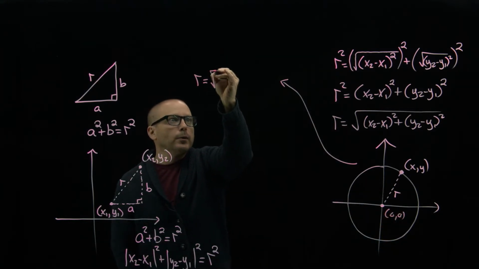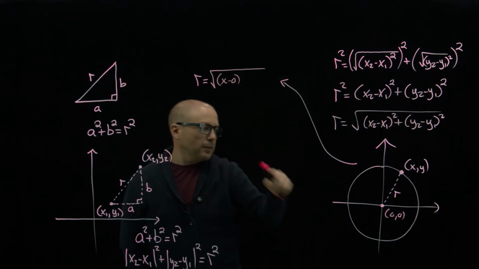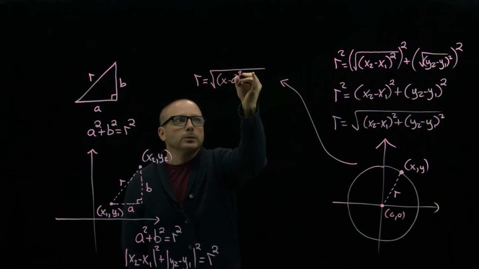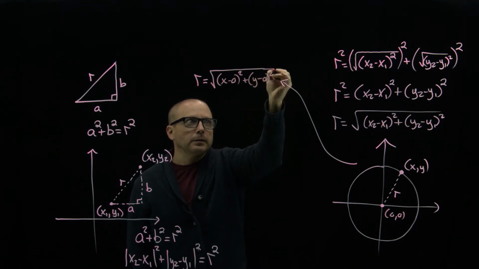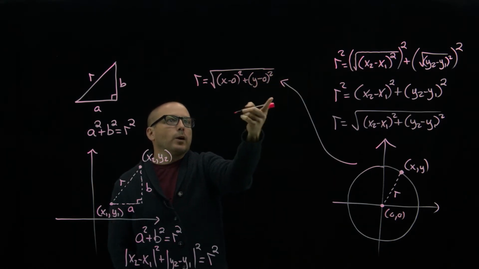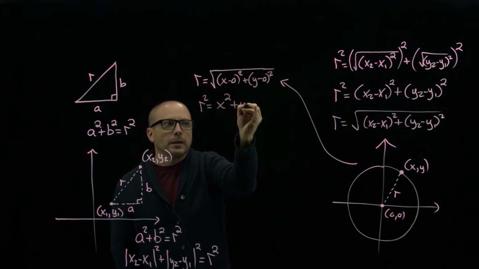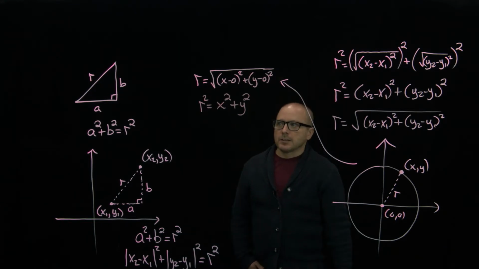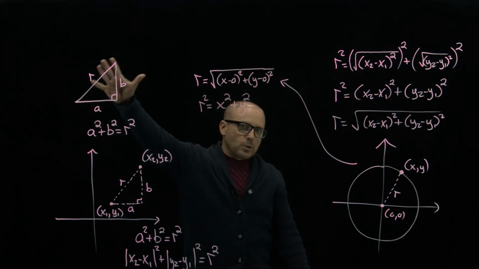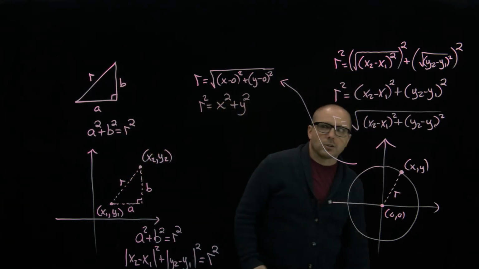So square root of x minus the x coordinate squared, y minus the y coordinate squared. Square both sides of this, x squared plus y squared equals r squared. So Pythagoras is sort of the basis of everything. It leads us to distance, and distance leads us to circles.